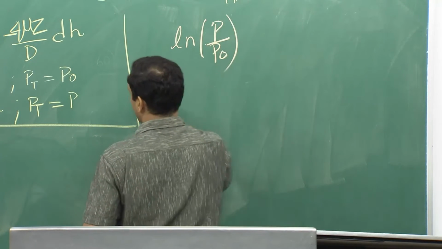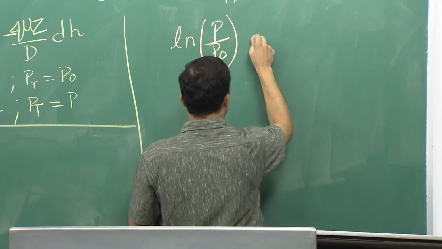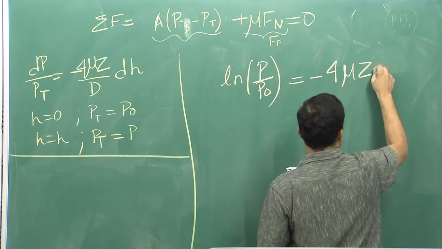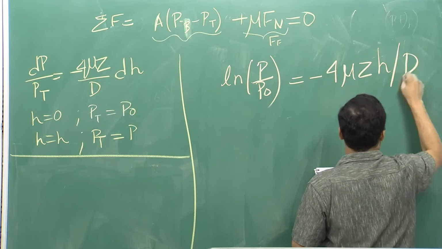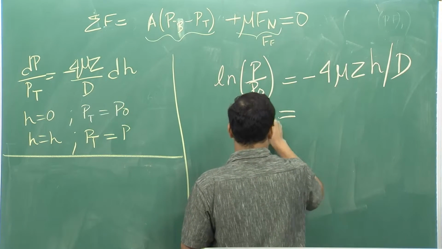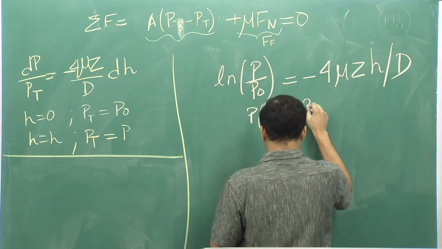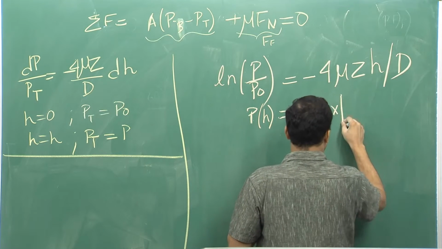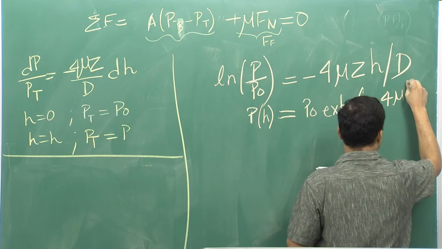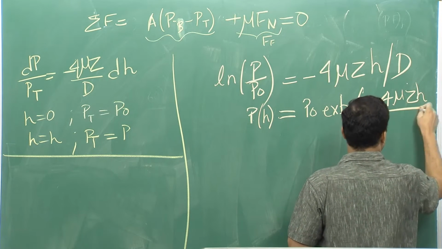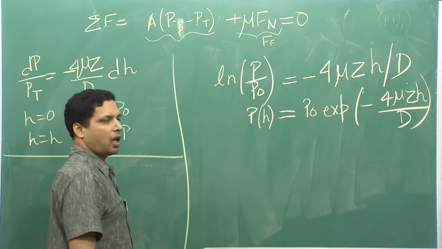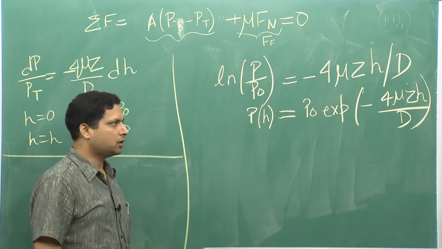I had already given the limits, and therefore, from those limits you should get, or in other words, P as a function of h is equal to P naught exp. So, this is the form of the pressure as a function of height h.